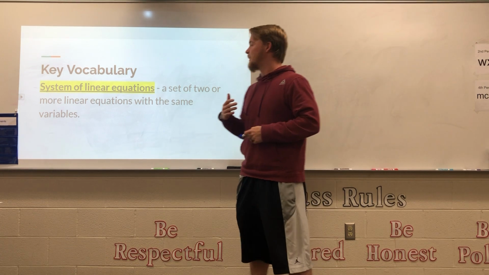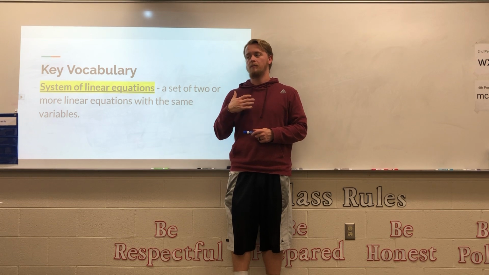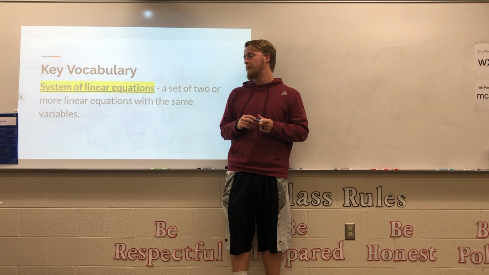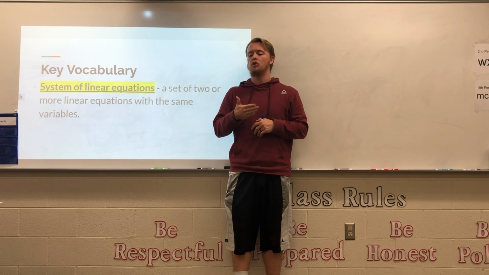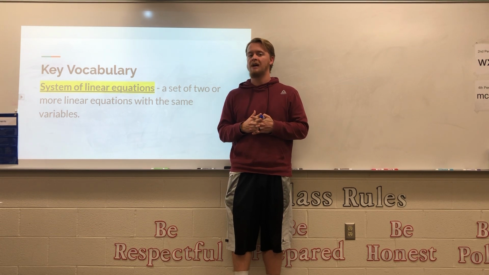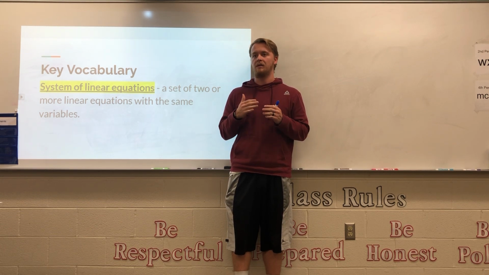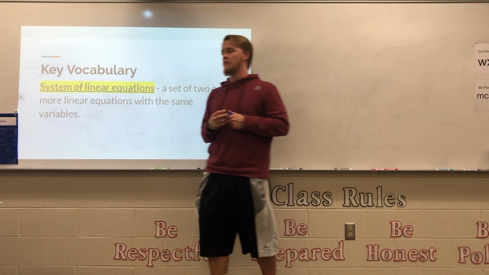So basically, we're taking linear equations we've worked with already and doing two at the same time, and you'll see what that looks like. But at least in 5.1, there's going to be no new methods that we use. We're going to graph these the same way we've always graphed, with the y-intercept and using slope to make our lines. We're just going to be having more than one at a time.